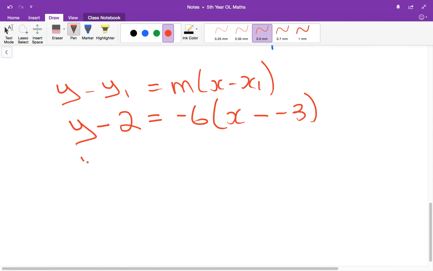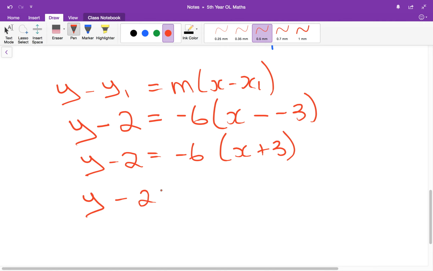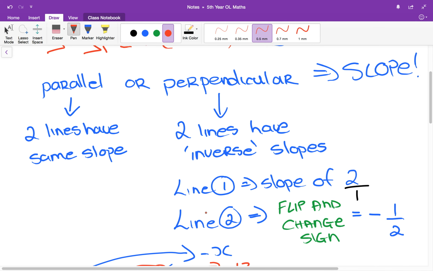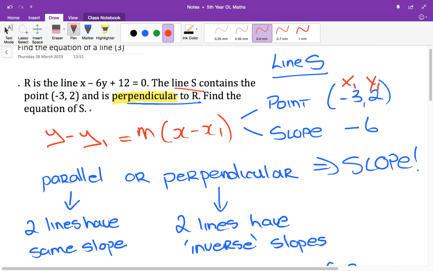So again, I have this double minus thing, which I know how to deal with. Minus by minus makes a plus. Then I'm going to multiply my minus 6 in, so minus 6x and minus 18. And then I'm going to take the minus 2, bring it over, and it becomes a plus 2. So I get y equals minus 6x minus 16. And that is the line that I'm looking for, the equation of line S.